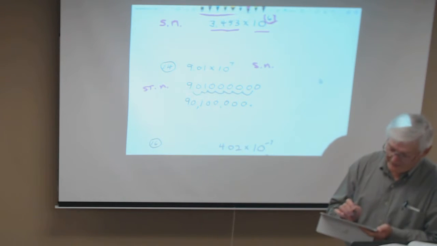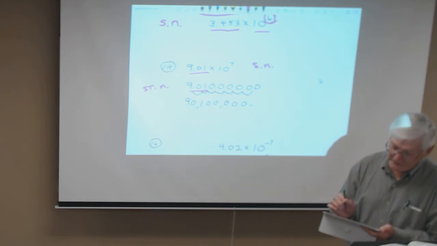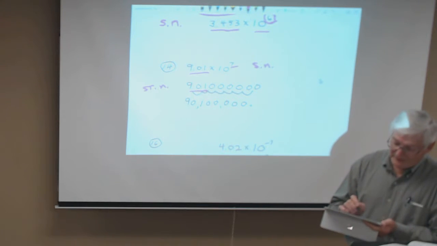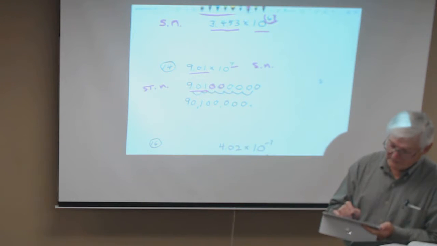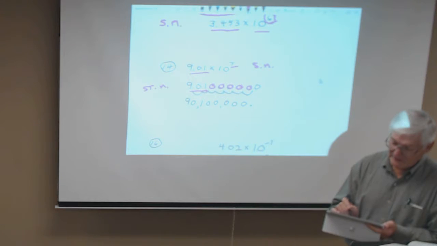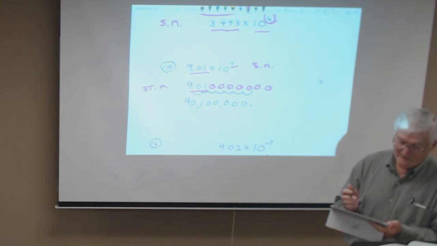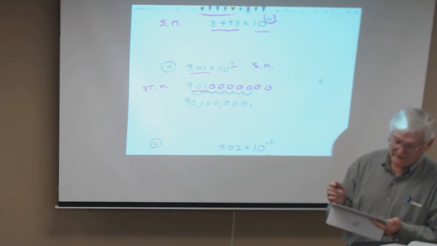I have 9.01, so I put that down here. Then it says 10 to the 7th. So I just add some zeros. 1, 2, 3, 4, 5. It's okay if you put all 7 of them up there, if you're just looking for an easy way to work it.